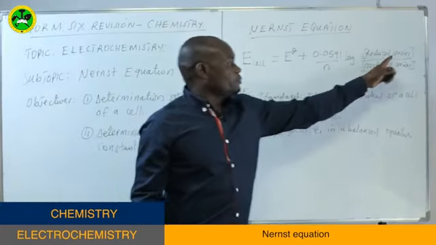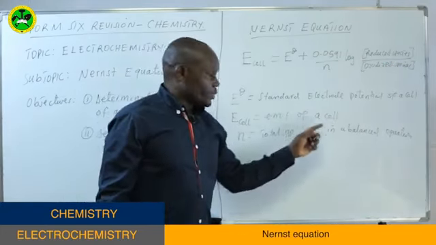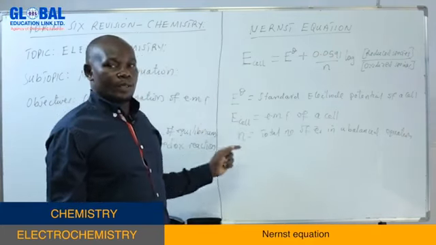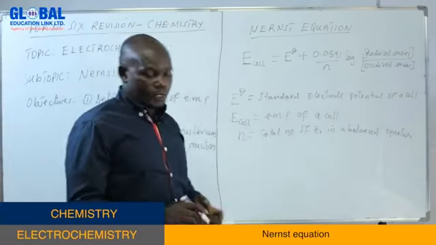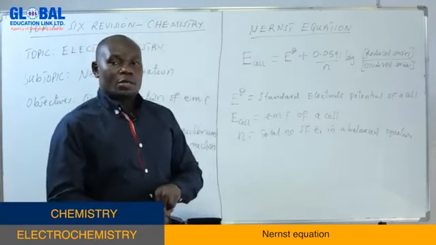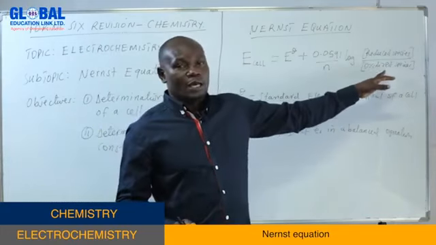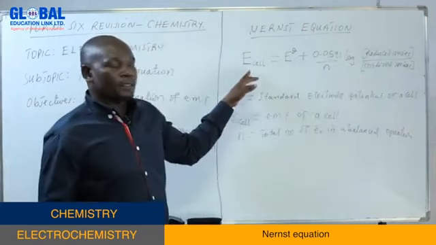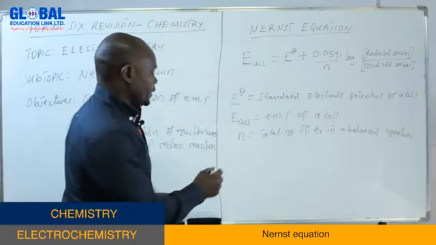The reduced species and oxidized species are obtained by looking at the standard electrode potentials of the electrodes involved in that redox reaction. Most of the students have a problem determining which species will be reduced and which species will be oxidized, so that they can use their concentrations in determining the EMF of a cell.